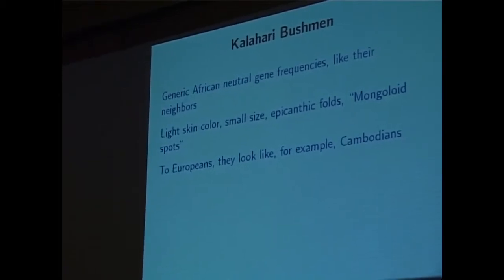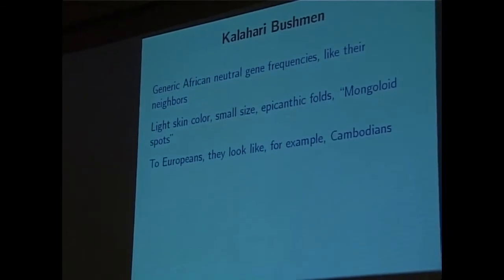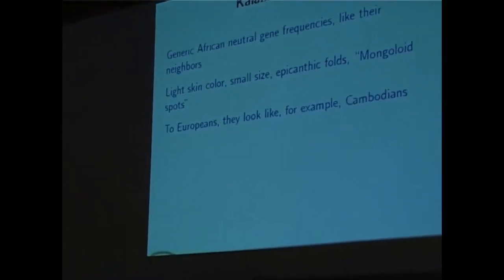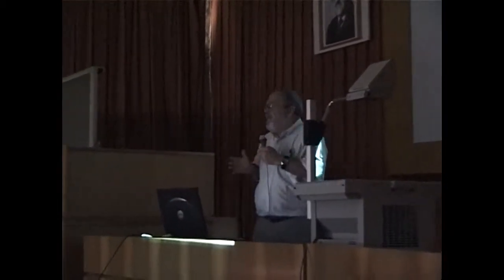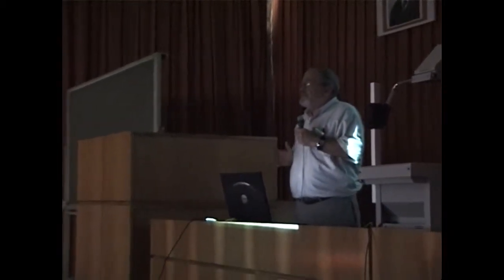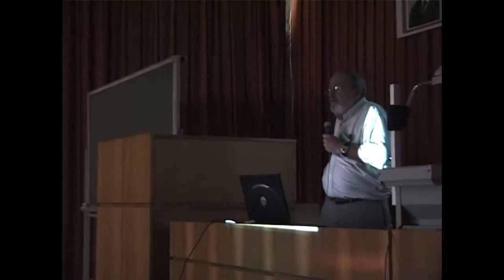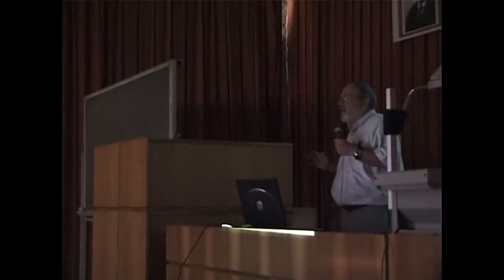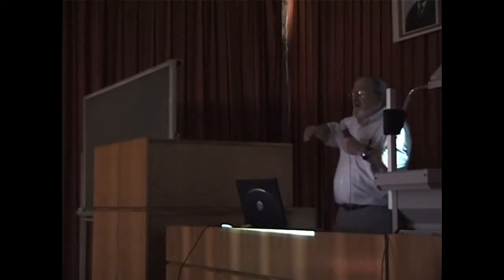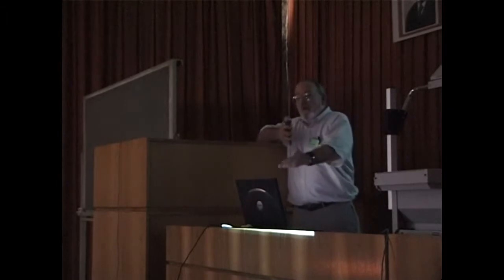They have epicanthic folds in their eyes, like people from Asia. And they have a so-called Mongoloid spot. Newborn babies have a bluish discoloration at the base of the spine, which doesn't last for long. I have no idea what it's about. It's called the Mongoloid spot because Asian people have it. Every Bushman infant I've ever seen has one.